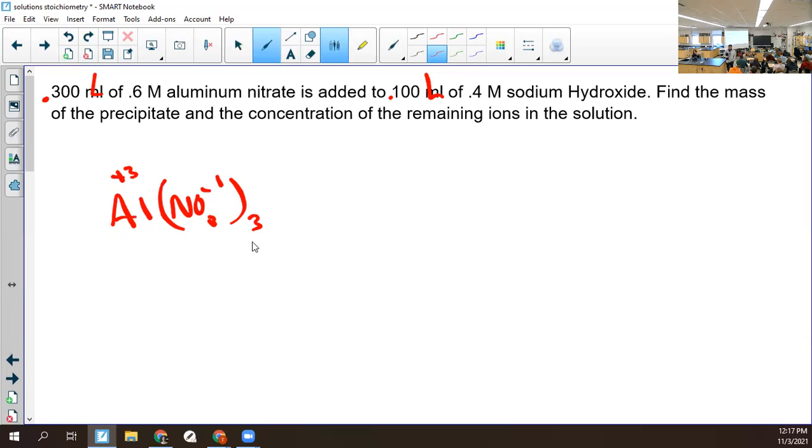Okay, now it's reacting with something hydroxide. I don't remember, right? What? All right, so Na, that's a +1, and then OH is a -1, so that's great.